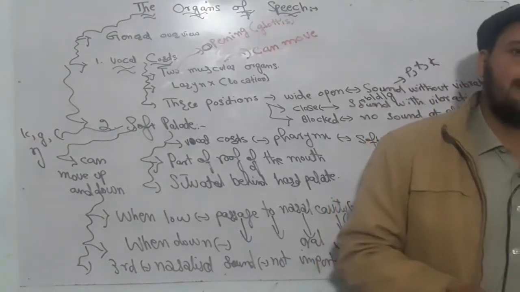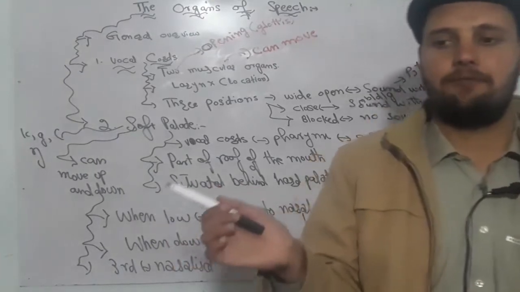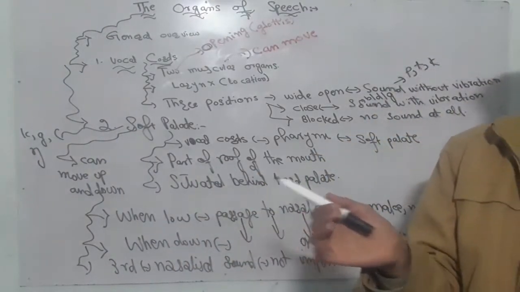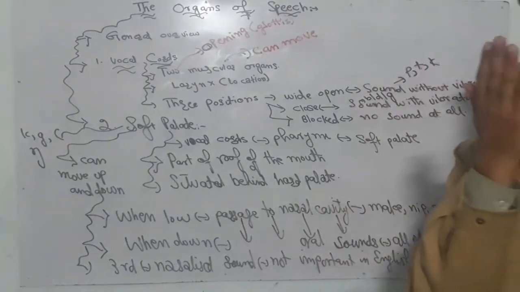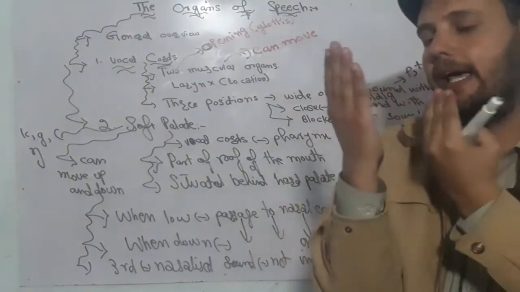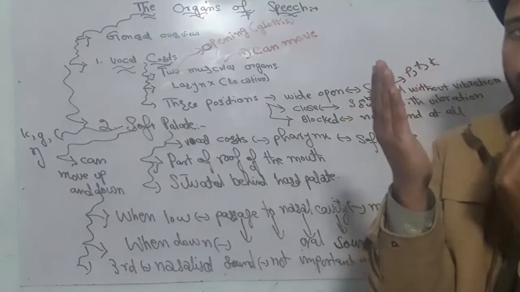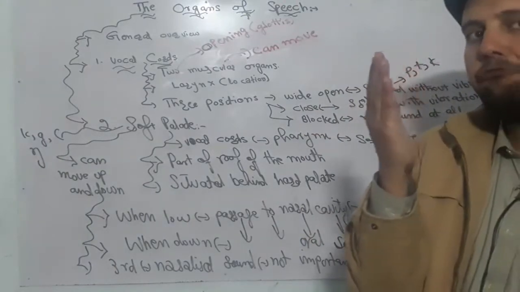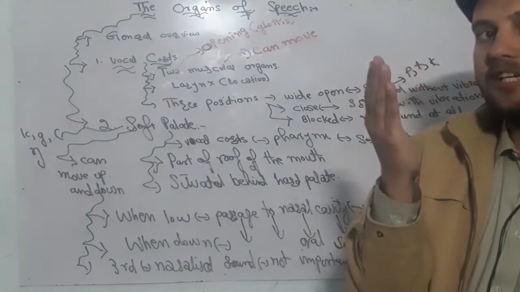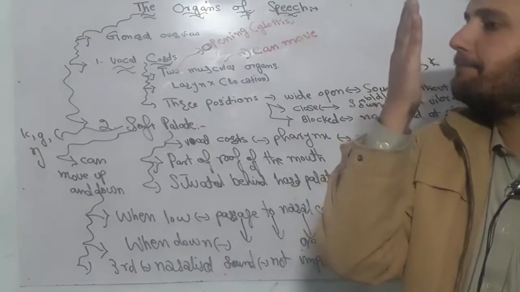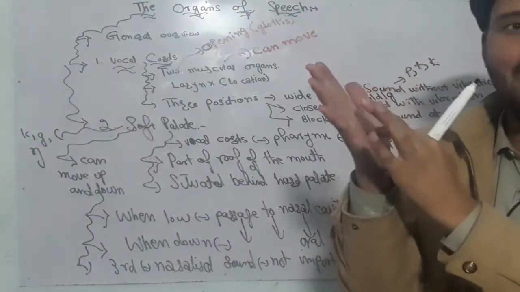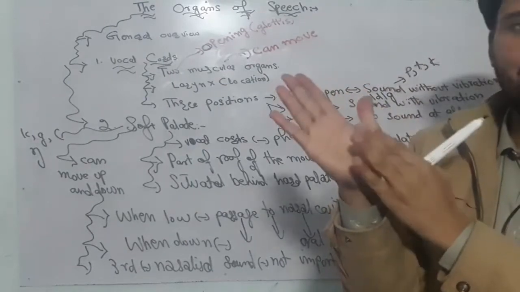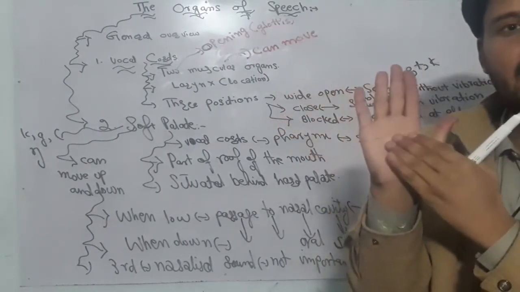For example, just for understanding, if I place my palm near my lips and forcefully utter the letter pa, pa, pa, I can sense some air; my palm feels the air stream.